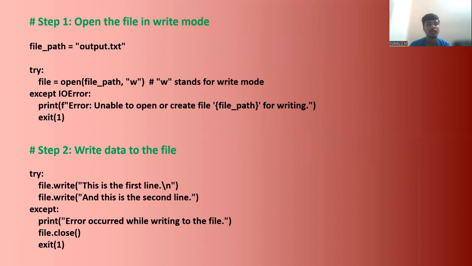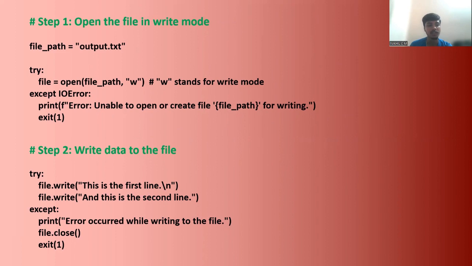Except IO error. Here the IO error stands for the input output error. Print: it prints the sentence f error, meaning the file error, unable to open or create the file for writing. Exit.